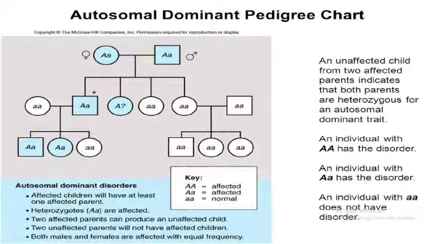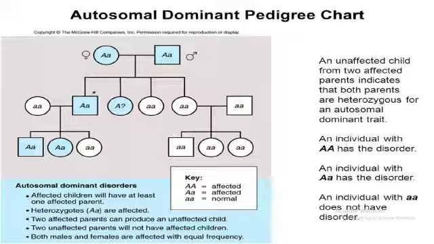One more slide indicates the characteristic features of an autosomal dominant trait. If the children are affected, at least one parent is affected. That's what I told you. If a parent has a dominant trait, one parent is sufficient to pass the character on to the next generation. So heterozygotes are also affected.